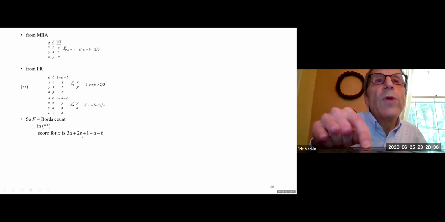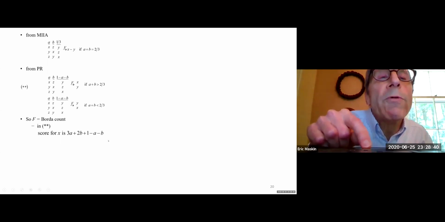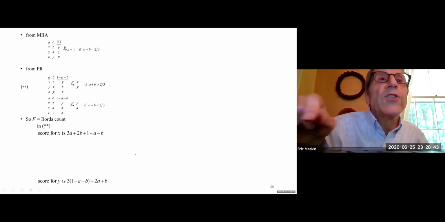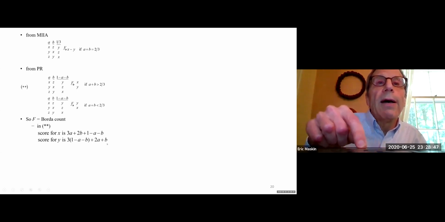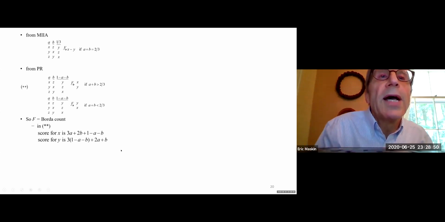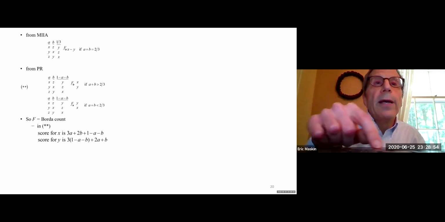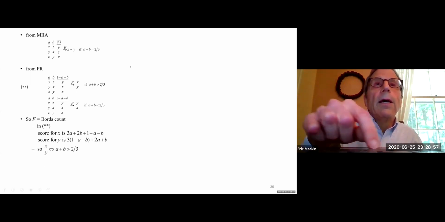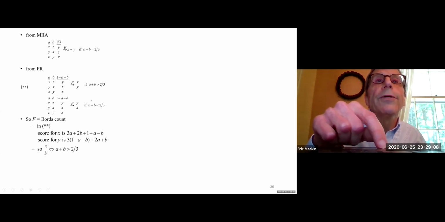And so this 3A plus 2B plus 1 minus A minus B is the total Borda score for X. And similarly, the total Borda score for Y is this expression here, 3 times the quantity 1 minus A minus B plus 2A plus 2B. But if you simplify these expressions, you find that X is ranked above Y strictly if and only if A plus B is greater than 2/3.